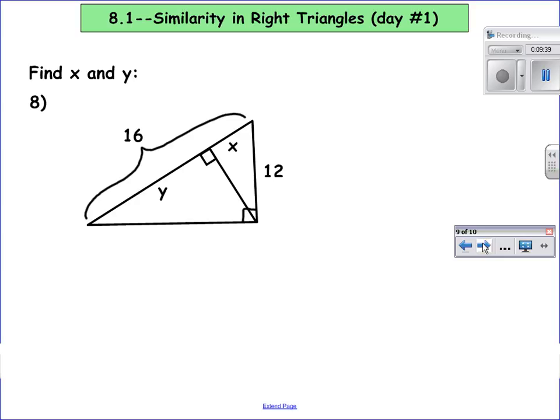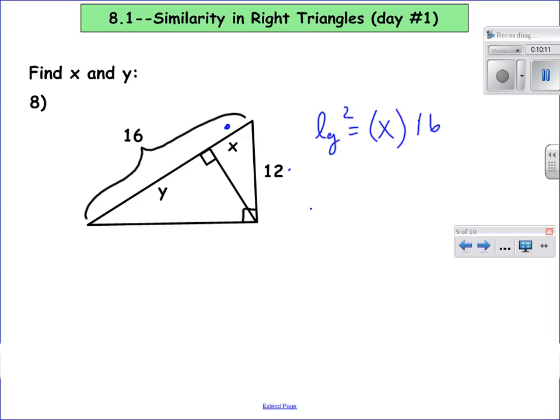All right, so now we're solving for x and y in this picture here. Let's go with what we know. There's nothing on the altitude, so this is a leg, so let's say the leg squared equals the closed piece of the hypotenuse, which is x, I don't know what it is, times the whole hypotenuse, which I know is, in this case, 16.